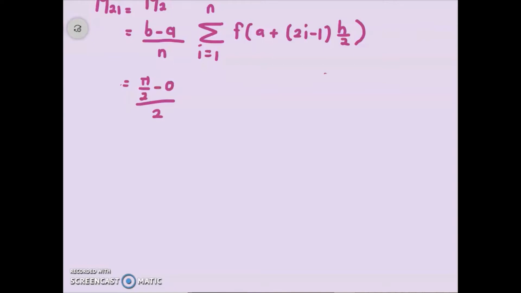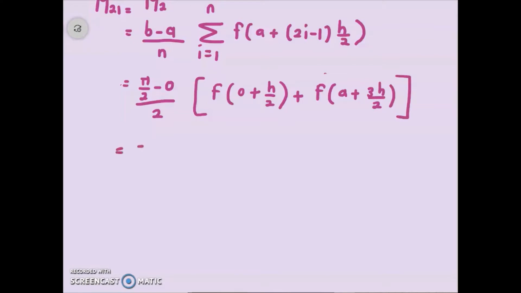Let's look at i equals 1 first: f of (0 plus (2 minus 1) h over 2), plus f when i is 2, which is a plus (2 times 2 is 4, minus 1 is 3) times h over 2, so 3h over 2. So we have pi over 4 times (f of h over 2 plus f of 3h over 2), because my a is 0.